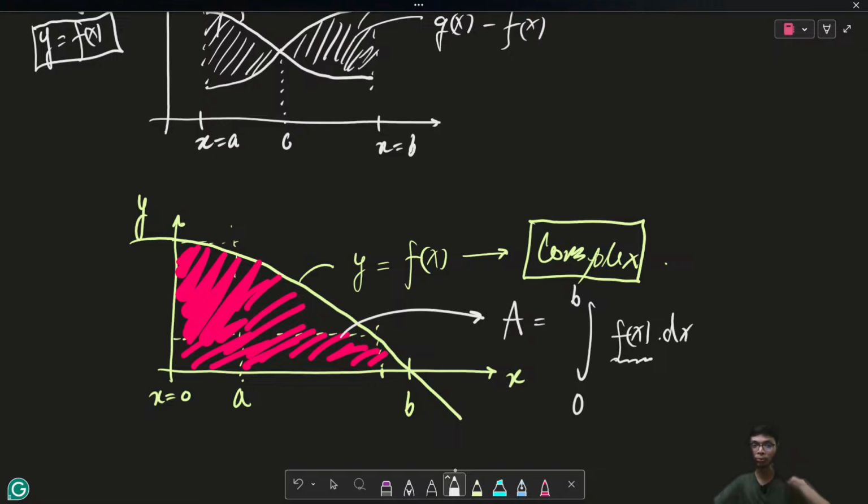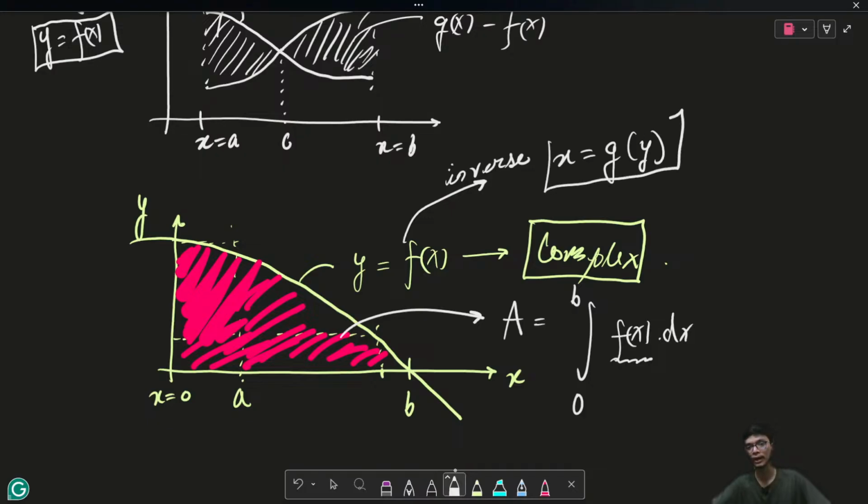But I observe one more interesting thing here: when I take the inverse of this function, let us say the inverse is x equals g of y, where g is nothing but the inverse of f.